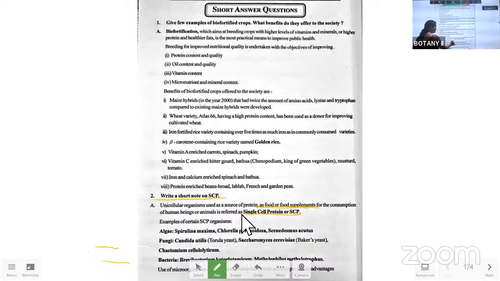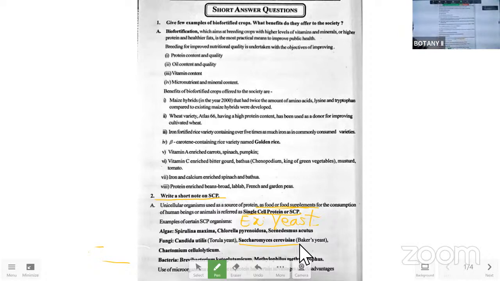The first example we have to write here is yeast. If you know the scientific name, well and good. If you don't know the scientific name also, well and good. No problem, you can write the word yeast or else Saccharomyces cerevisiae. Any word you can write over there in the example. The first example only we have to write.